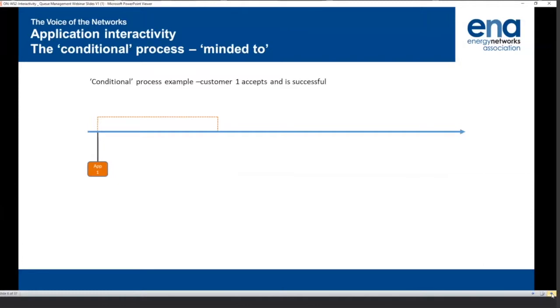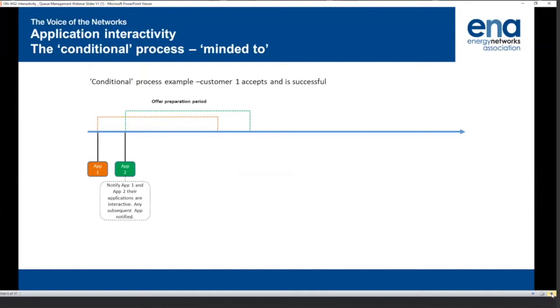So we've got a first customer making an application. We've got 2 customers here who've made an application, one after the other. There's some sort of offer preparation period.